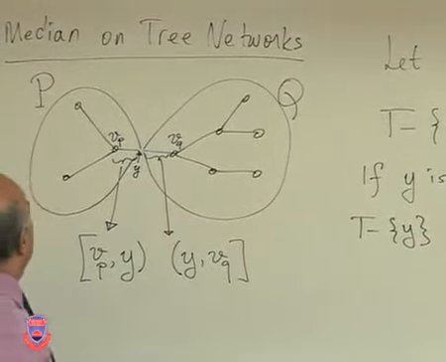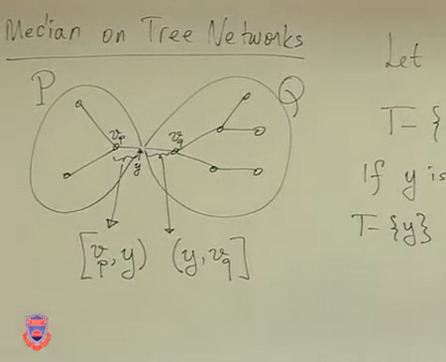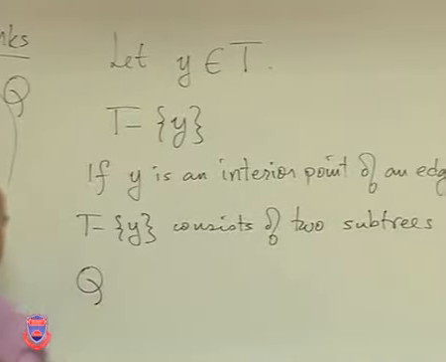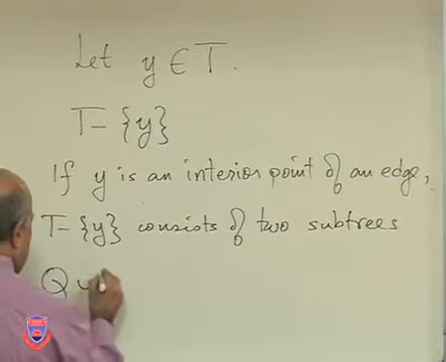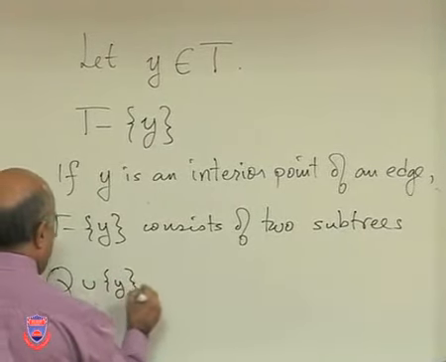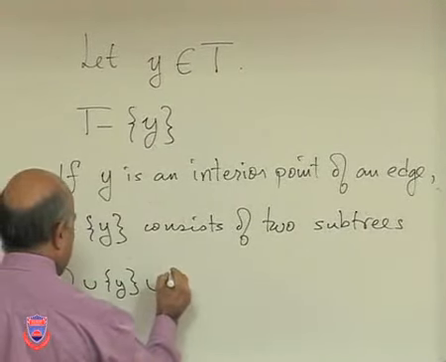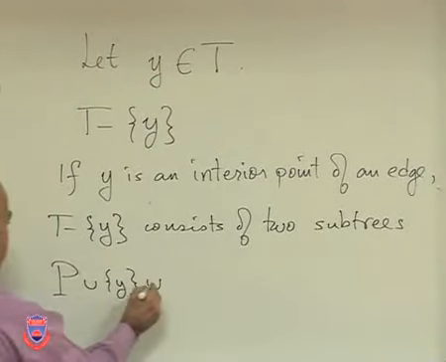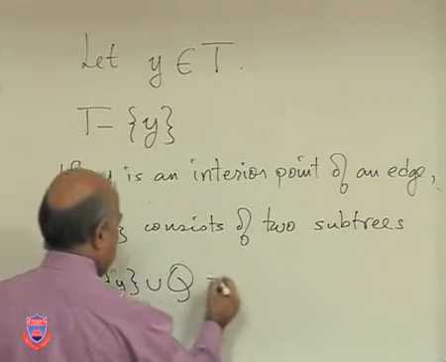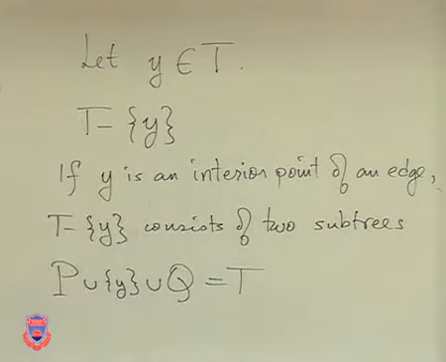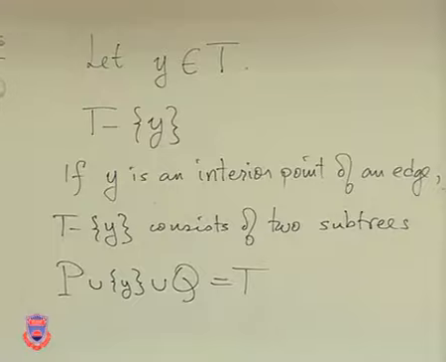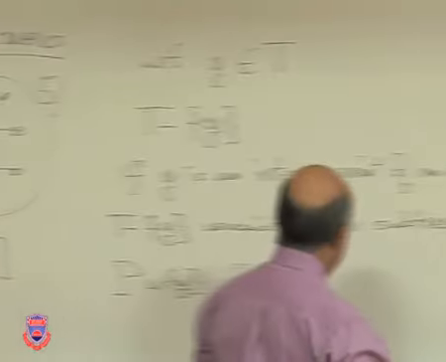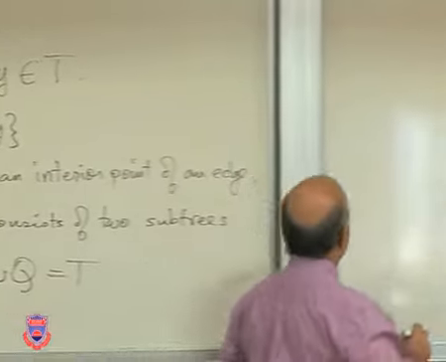Let's just call them Q and P, where Q is a subtree union with y and union with P. So P union y union Q is the tree itself. So my P and Q are subtrees. And they are disjoint. So here's the question.